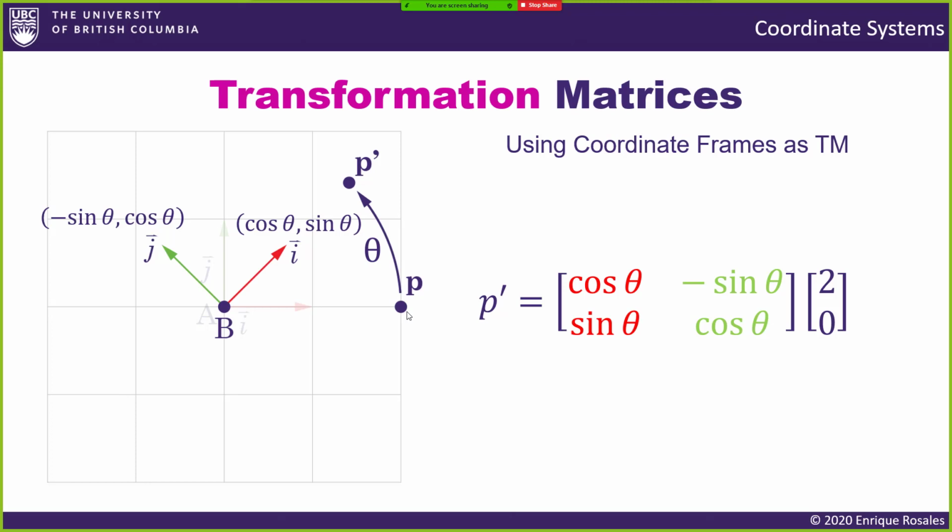But the result of that conversion is a transformation. In this case, it's a rotation. This is exactly equivalent to taking point P and rotating it by theta degrees. Do you agree on this? Can you see that it is the same? Say yes if you agree.